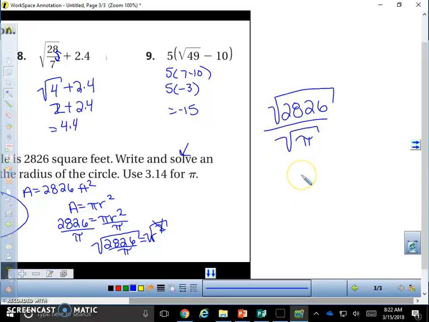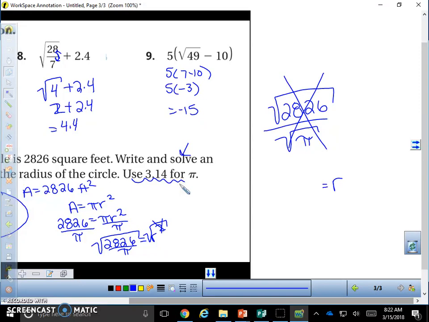Let's see what happens. I'm putting this into my calculator, the square root of 2826 is an ugly number, so let's not do that. 2826 divided by pi is also an ugly number. The best solution for this is therefore, when it says approximate it using 3.14, that's exactly what we're going to do.